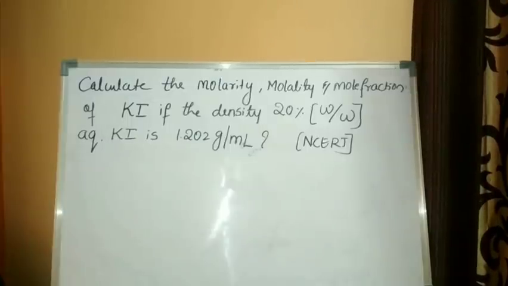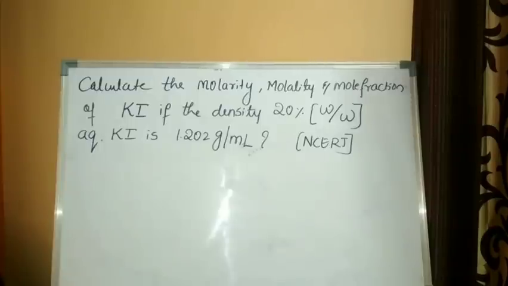Students, there is one problem that has been given to you. Try to solve it, where you need to calculate the molality and the mole fraction of potassium iodide. The density of a 20% weight by weight aqueous solution of potassium iodide is 1.202 gram per ml.